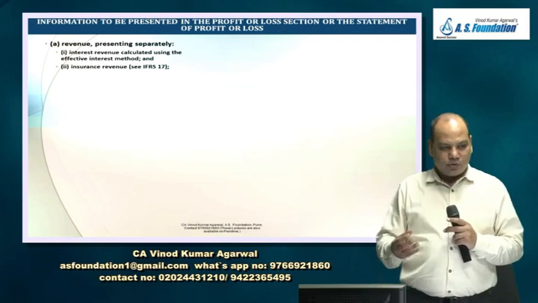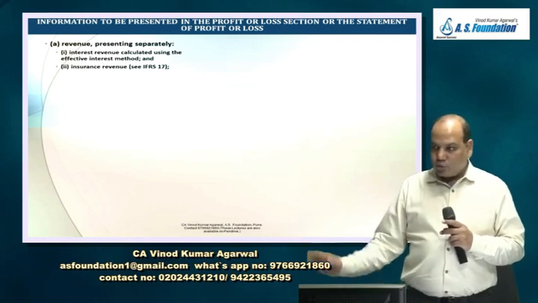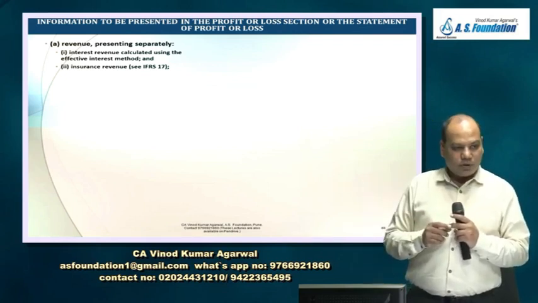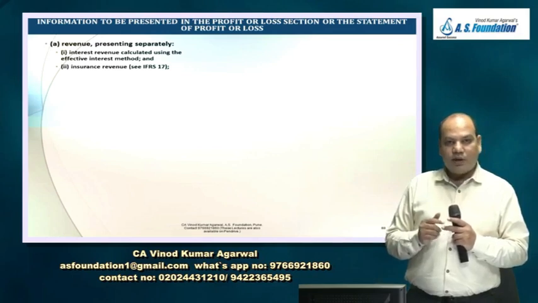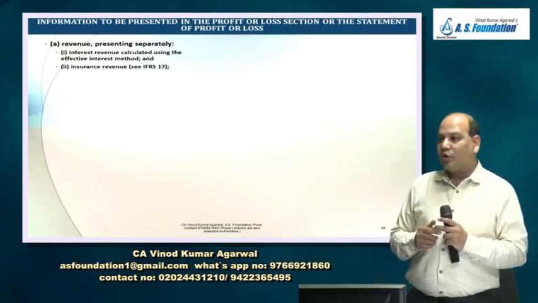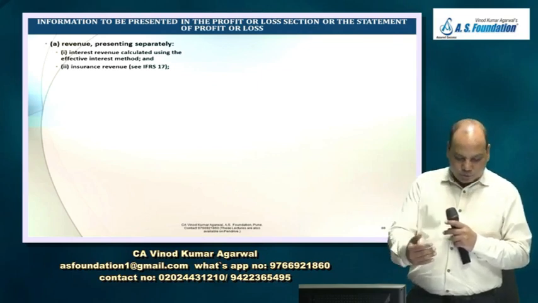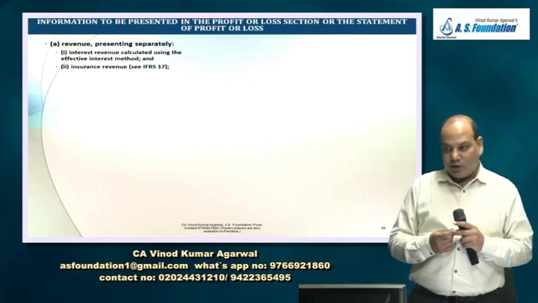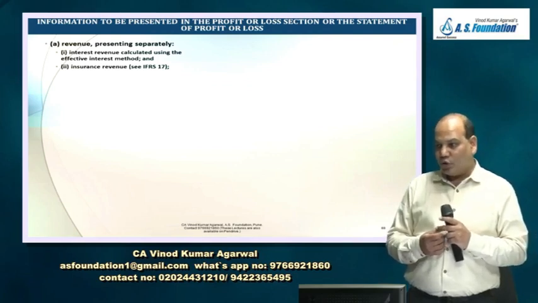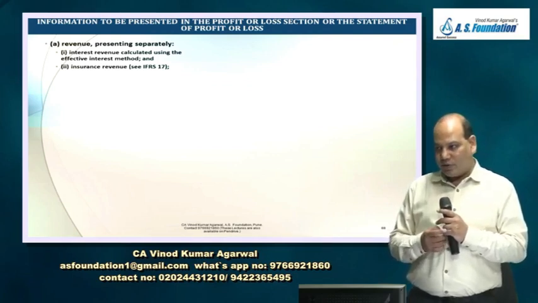More than that you can always give. And there are two ways you can give profit or loss information: on the basis of nature of item or on the basis of function of item. I will show you on the next page what is the meaning of nature wise classification or function wise classification.